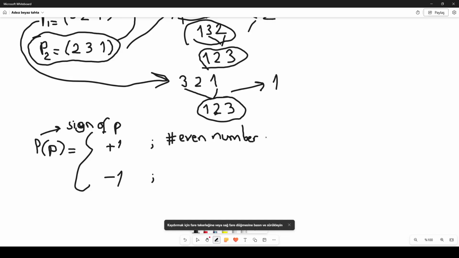So if we perform an even number of operations to restore the permutation that has a natural ordering, then its output is equal to +1. But if we have an odd number of operations, then its value is equal to -1.